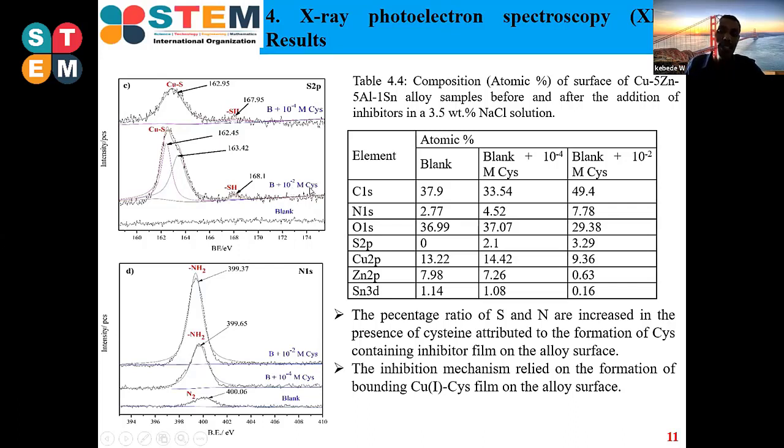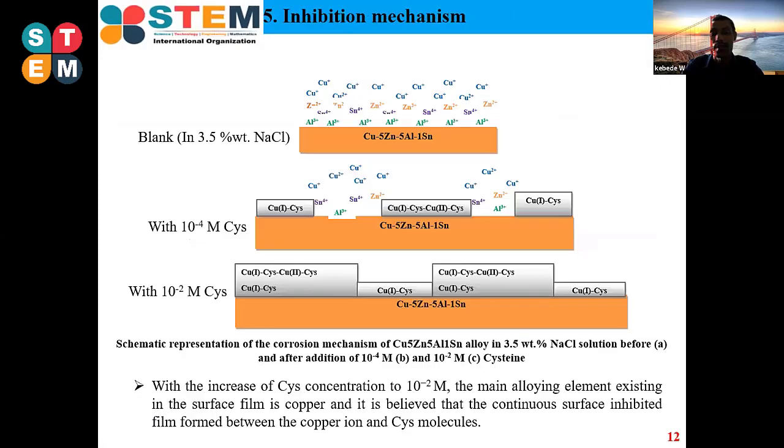But in the presence of cysteine, there is sulfur. This means at the top there is inhibitor, because the inhibitor contains sulfur species, and also the nitrogen part. And the amount of sulfur and nitrogen increased with increasing inhibitor concentration. This means the inhibition efficiency of cysteine can increase with the concentration.